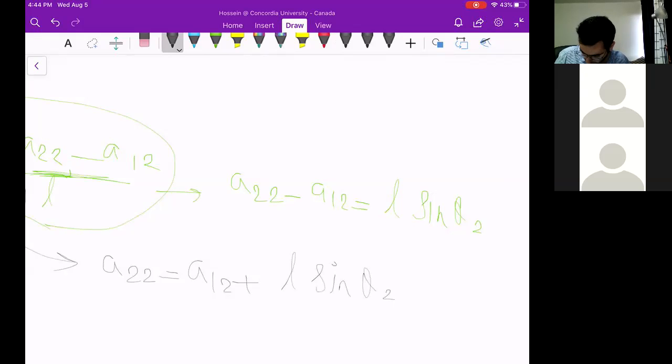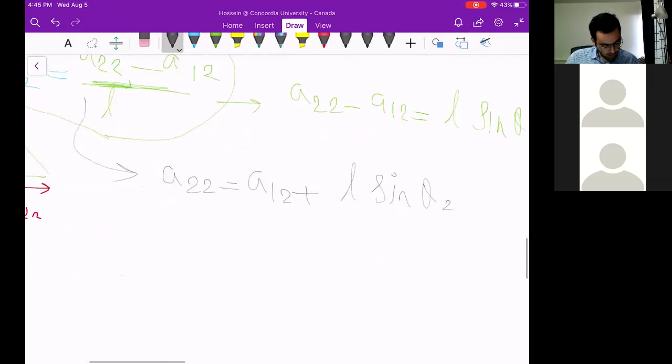We already obtained A12 because A12 is A21.